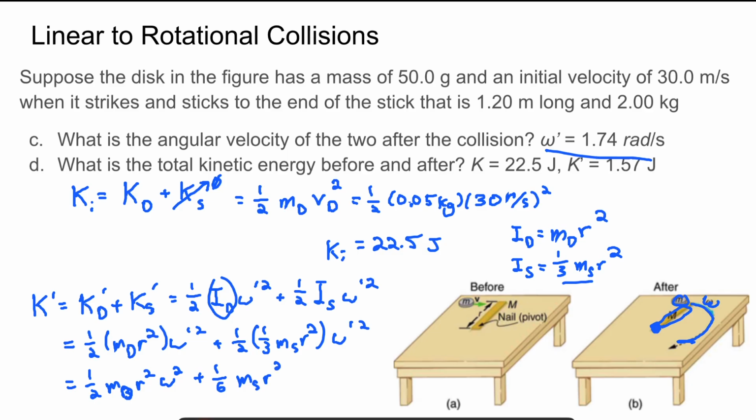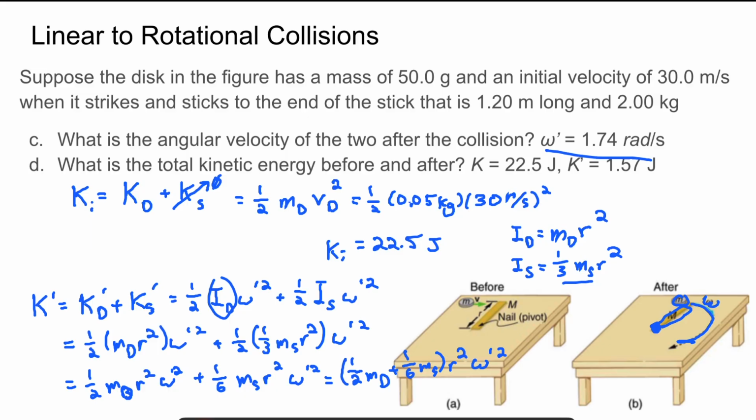If we want to simplify a little, we get 1/2 m_d r squared omega squared plus 1/6 m_s r squared omega squared, where omega is the final angular velocity. Pulling everything out, we have 1/2 times the mass of the disk plus 1/6 times the mass of the stick, both multiplied by r squared and angular velocity squared.